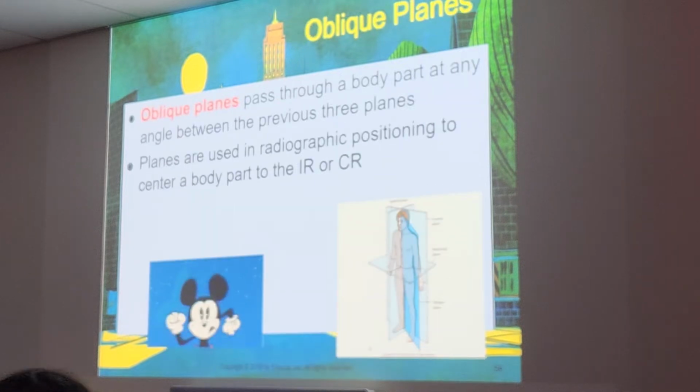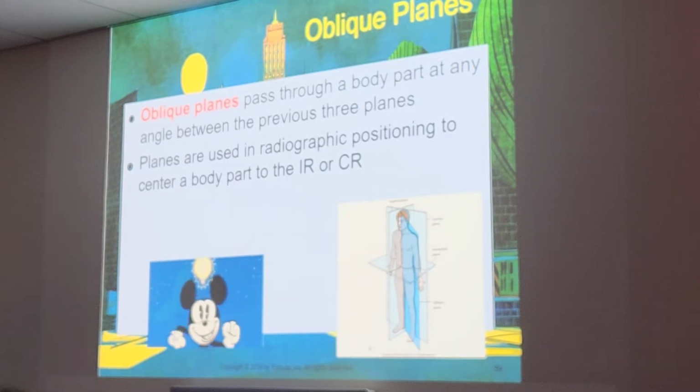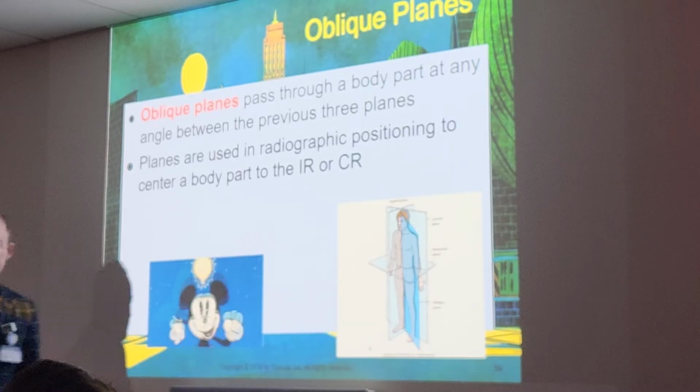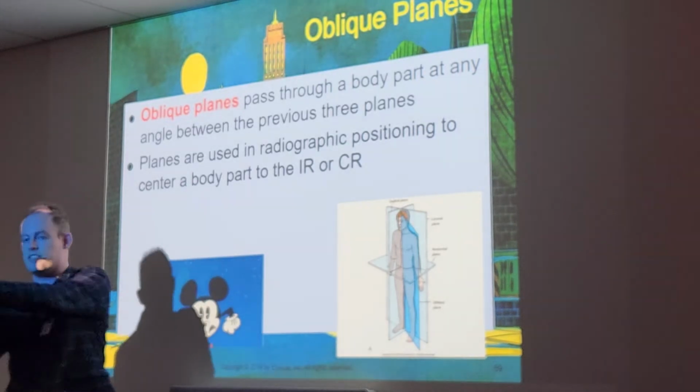All right, and then the last type of plane we're going to talk about is what's called an oblique plane. Now, this is any time that we pass through a body part at any angle between the previous three that we have named. In other words, anytime I'm going in a diagonal motion, any kind of slice that's going diagonal is an oblique plane.